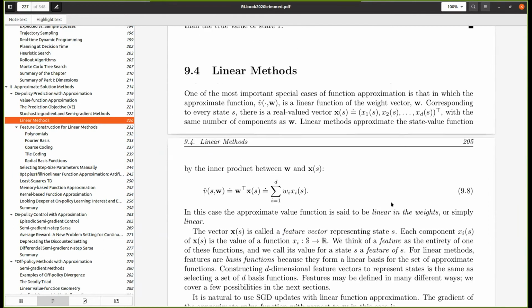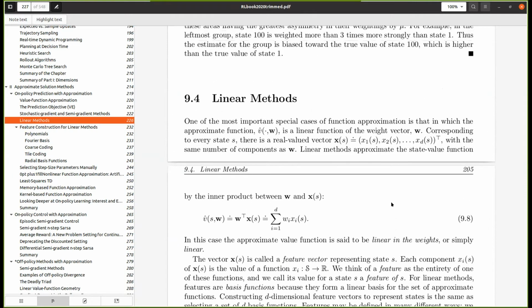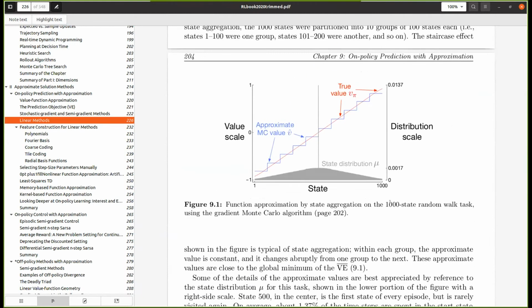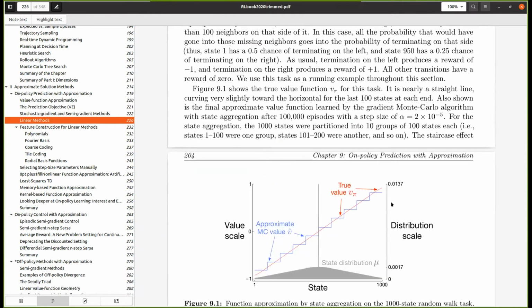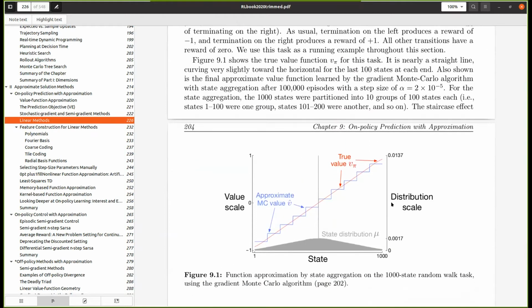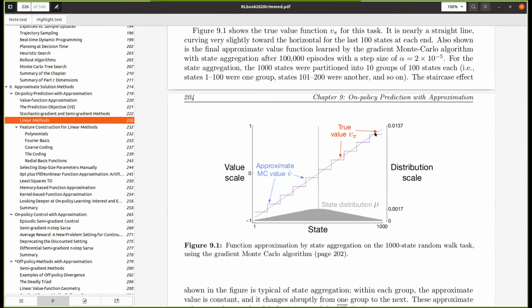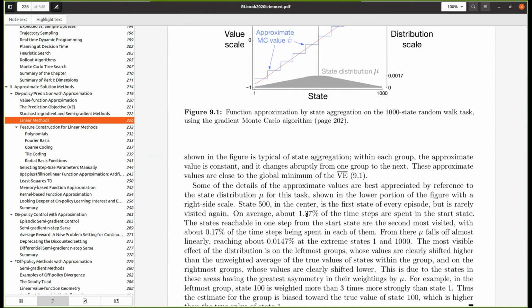Now, we considered this state aggregation, which is very simple, but obviously it's not very accurate. You see that we have only one value for a bunch of states. So how can we do better?